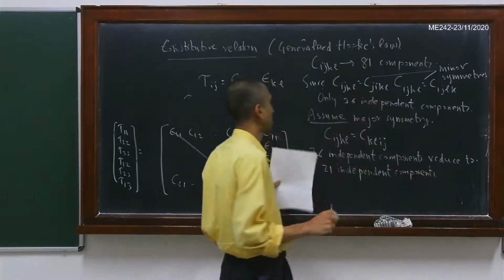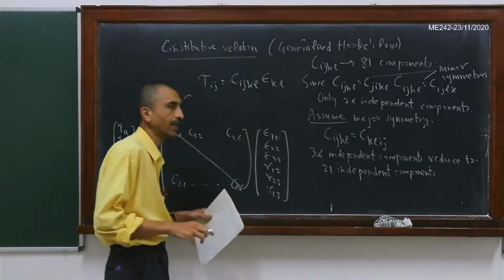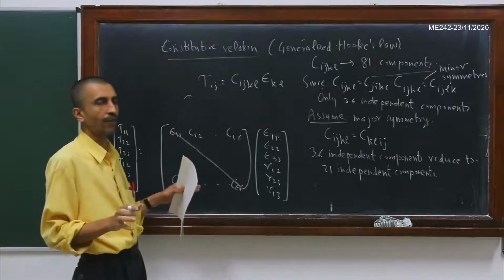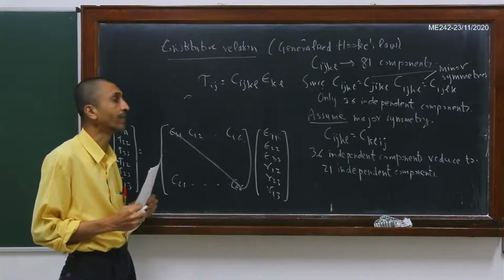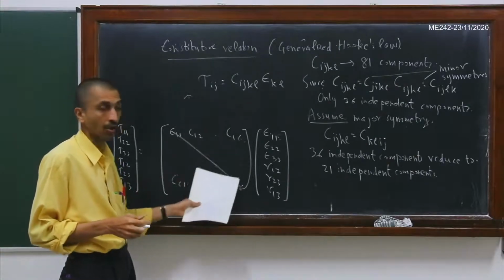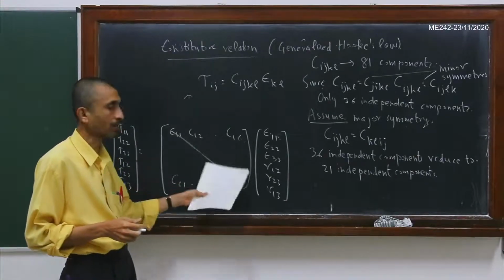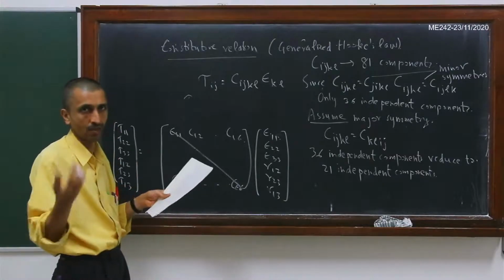So if we make this assumption about major symmetry, then the most general form of this linear constitutive relation will have 21 independent material constants.